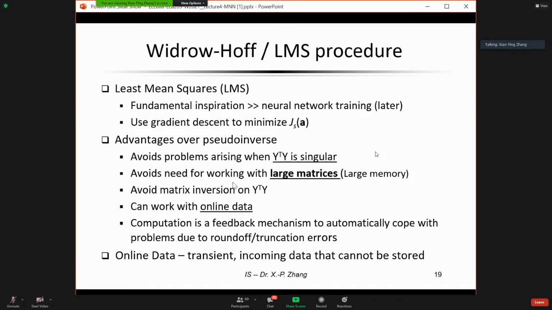If you use an iterative way, you don't need to deal with the large matrix. You just adjust each component individually. Although at the end the effect is multiplication of the big matrix, and you are effectively solving that inverse problem, you don't directly do the matrix inversion. That's the advantage. And also, LMS can work on online data because it's single sample based.